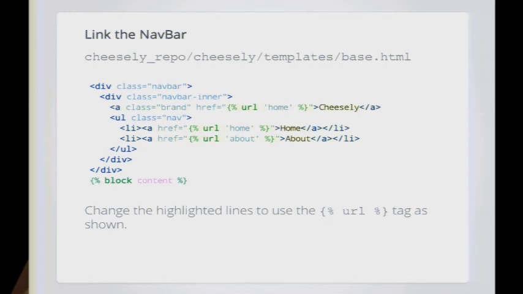Once everybody gets it in and tests it, I'll explain why we have this in Django and why it's important. The way to test this is to refresh your browser, click on About and see if you go to the About page, and click on Home and see if you go home.